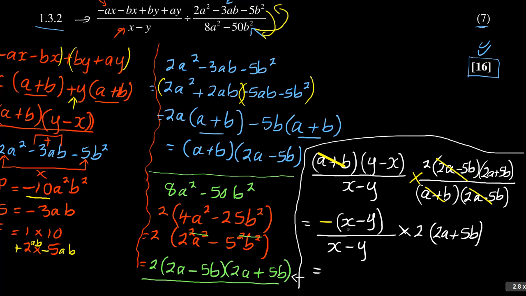Now you can move on to cancel that x minus y and that x minus y because it is matching, but what you achieved, you were left with a negative 1 in here, and then your answer will become negative 2 into 2a plus 5b.